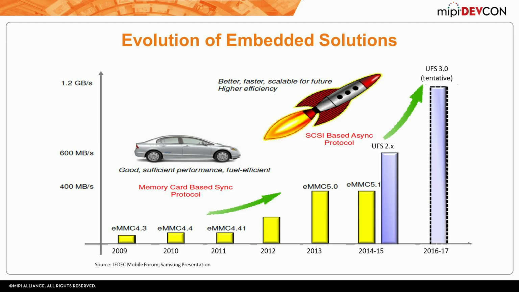Here, you can see the current UFS spec is higher in performance than any of the existing eMMCs. And this is only one lane, meaning that if you have two lanes, you can achieve 1.2 gigabytes per second. The following spec will support the highest speed, Gear 4.